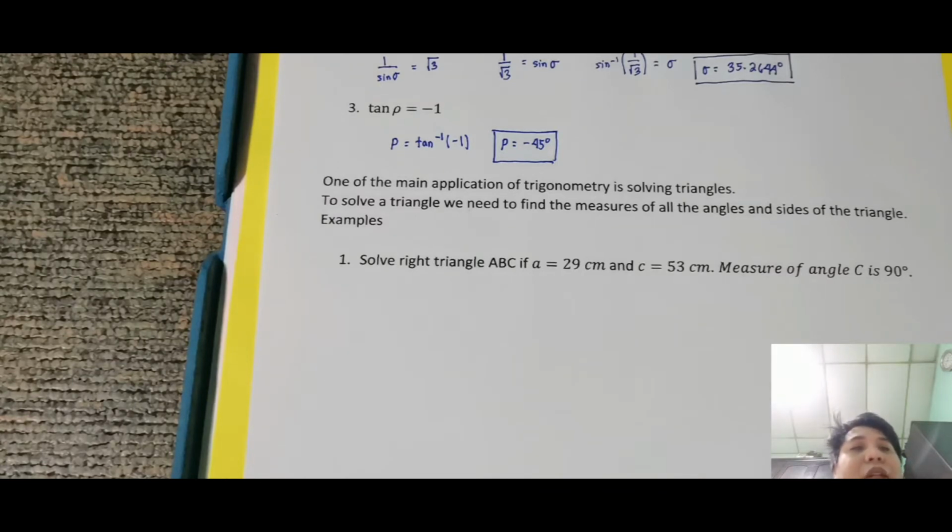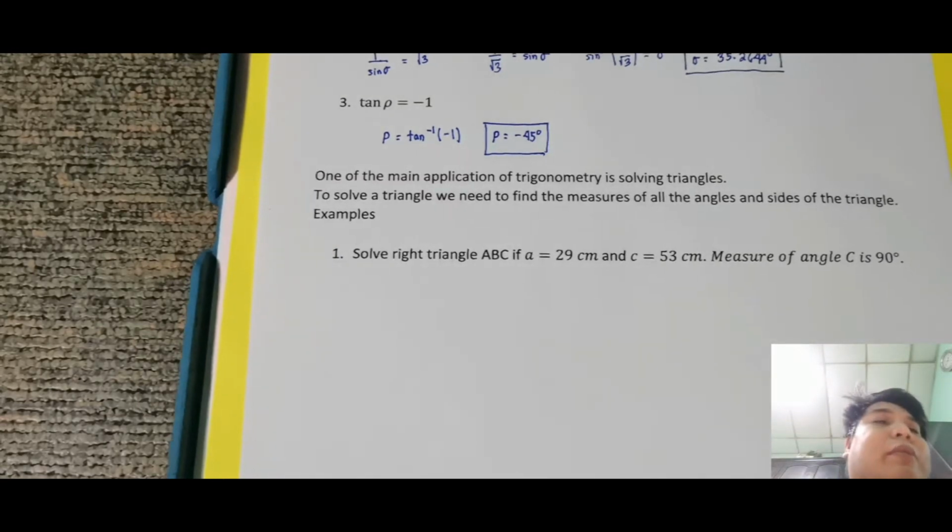Dapat ma-label mo ng maayos para aware ka kung nasan yung side A, nasan yung angle A. Tandaan mo rin, sa vertex ng triangle andun yung angle. Kunyari that is angle A, opposite nun dapat si side A. Ganun lang kasimple.